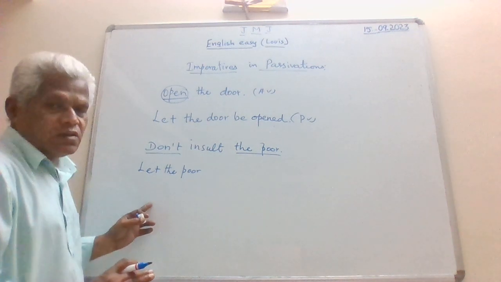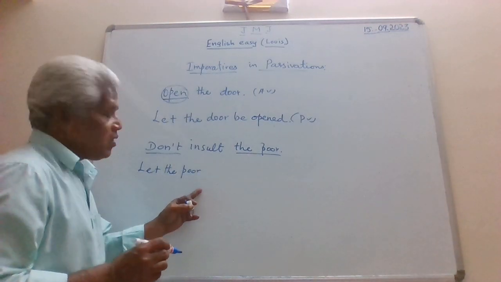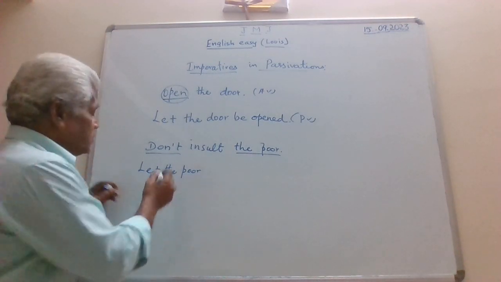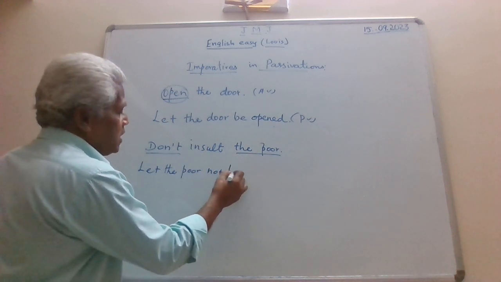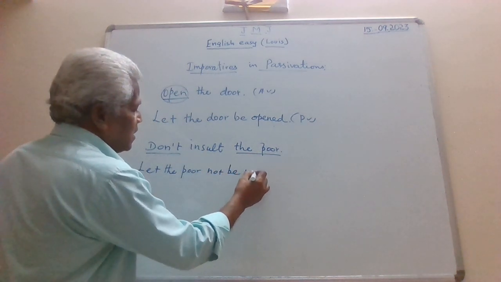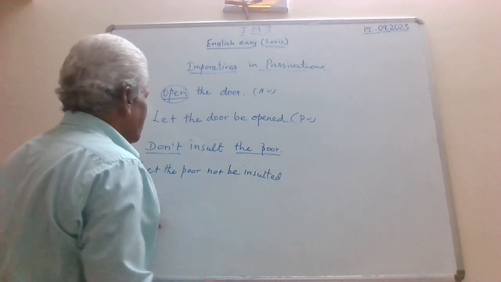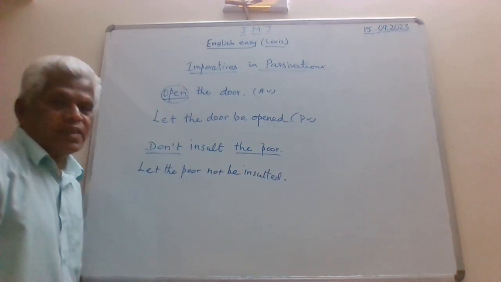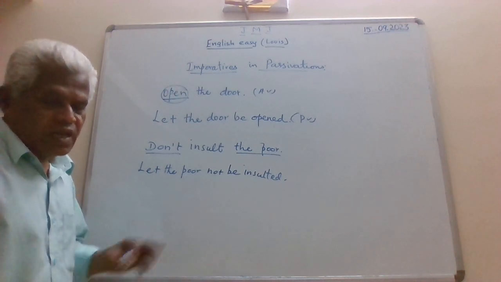Let the poor don't. So the not also should come. So, you can write let the poor not be insulted. Let the poor not be insulted. Okay? Is this correct?